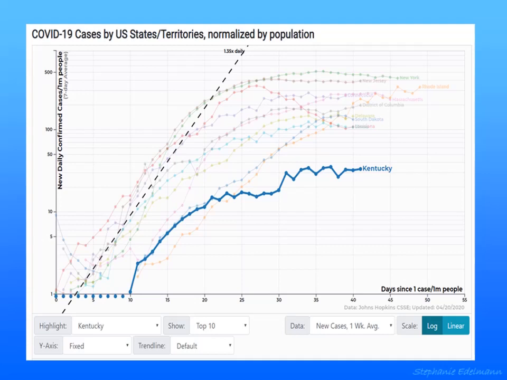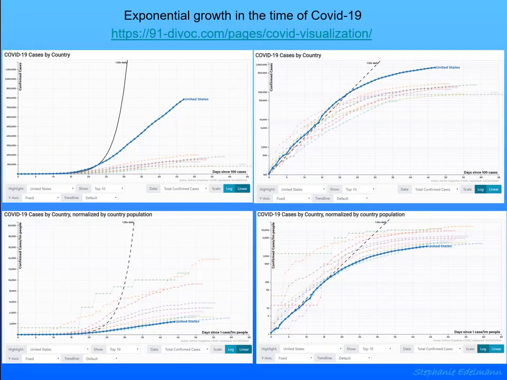So let's look at a couple of graphs that are actually identical. They're just presented differently.